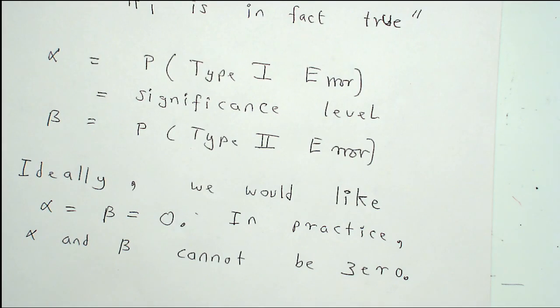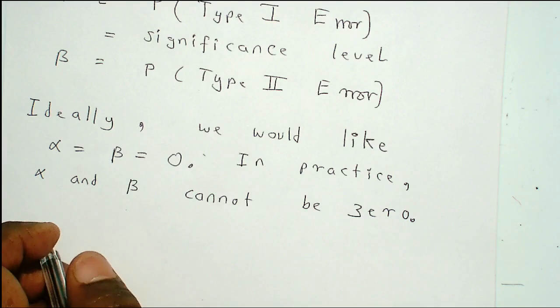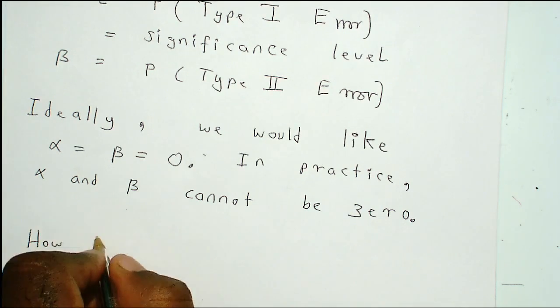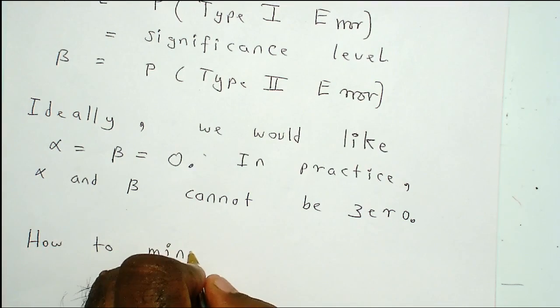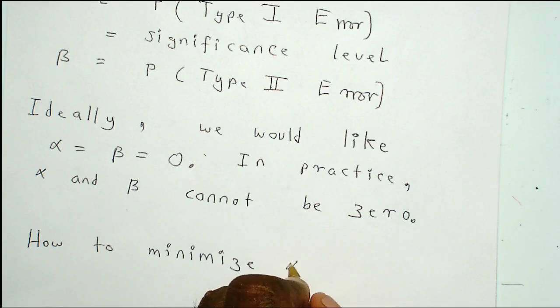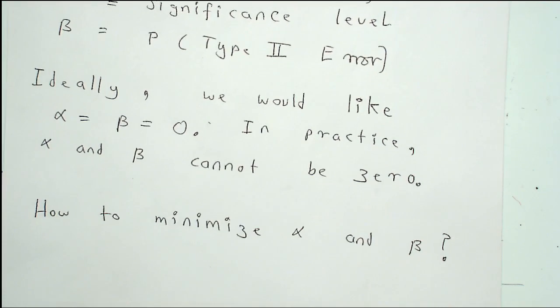So the question for the statistician is, how do we minimize the values for alpha and beta?